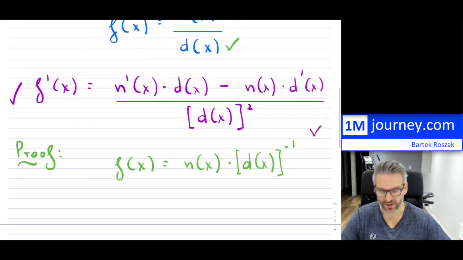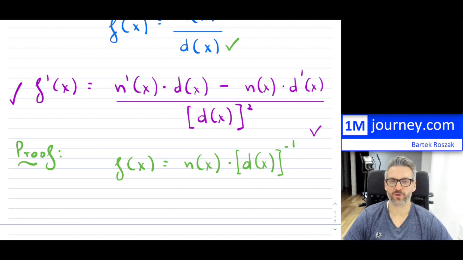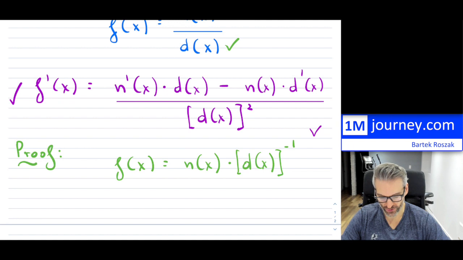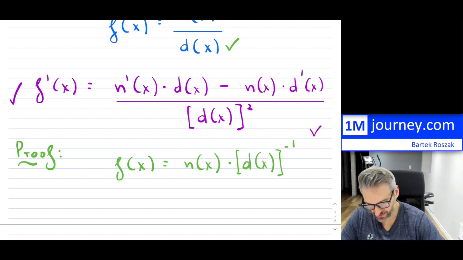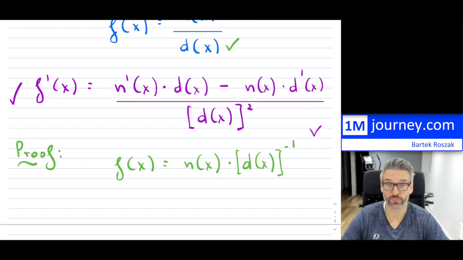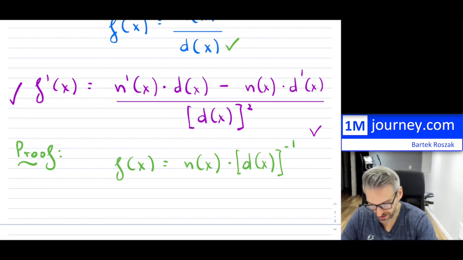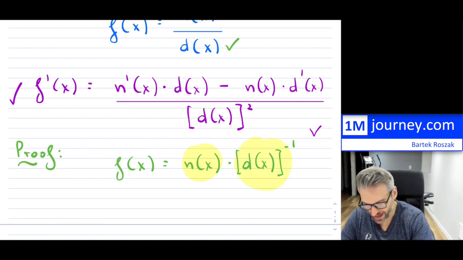So these are equivalent. If you know your exponent laws or rules, then you know that this is true. Now, once I have this, I can apply the product rule because I have two functions here. I have this function and I have this function. So I'm going to do that.